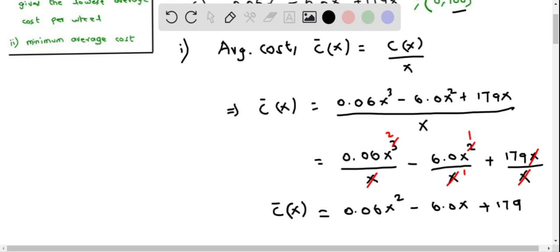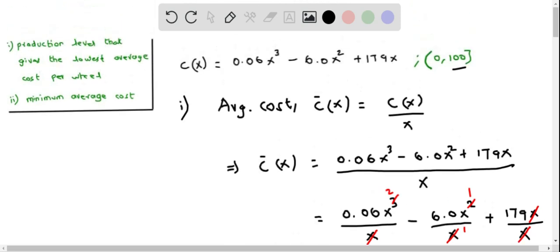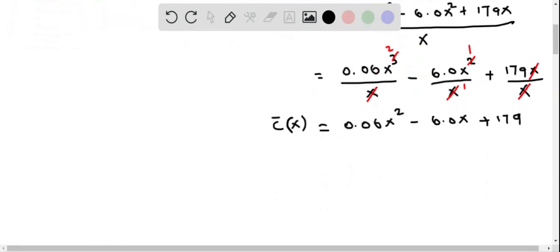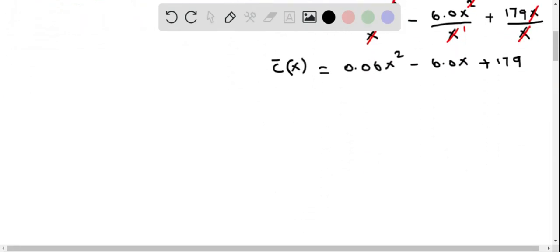Now to determine the production level that gives the lowest average cost per wheel, we can use the calculus first derivative test. That is, we first have to find the critical numbers of the average cost function.